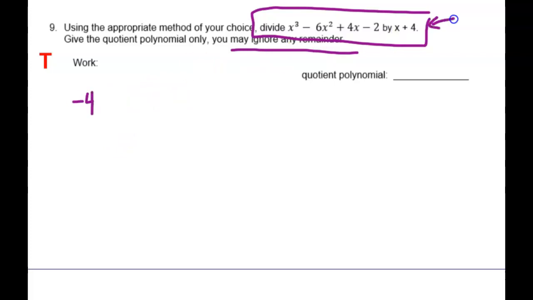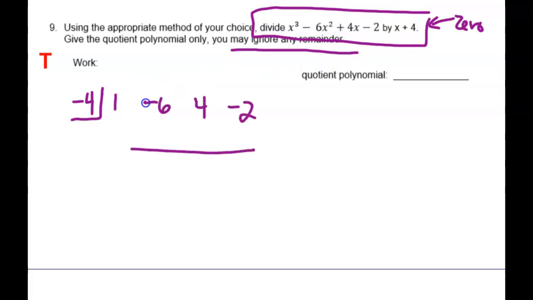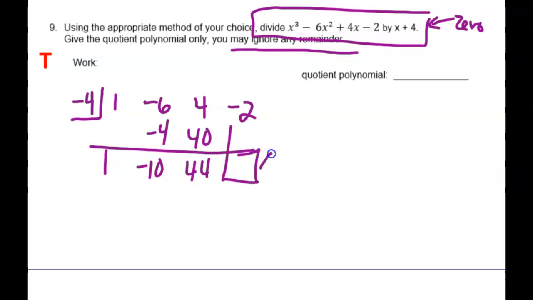Remember, it is the 0 that you put in the box up here, which is the -4. You list the coefficients. You bring the first one down, you multiply, you add, you multiply, you add. You multiply, I don't know what that is, but this is going to be the remainder anyway, right? So we get to ignore that.